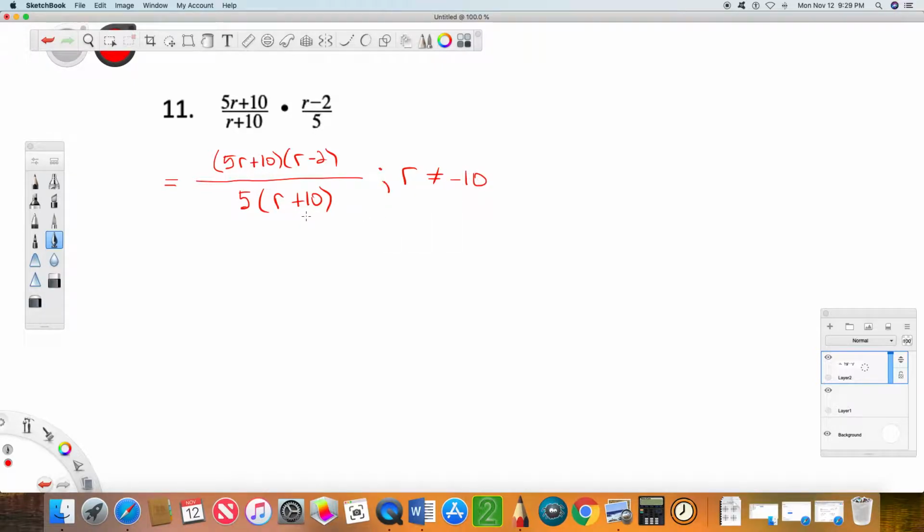But I don't see common factors as it's written, but I do see that this first binomial, 5r plus 10, has not been completely factored. So let's come over and rewrite 5r plus 10 as 5 times r plus 5 times 2. And we see that a 5 is common to both terms, and we can rewrite it as 5 times the quantity r plus 2.